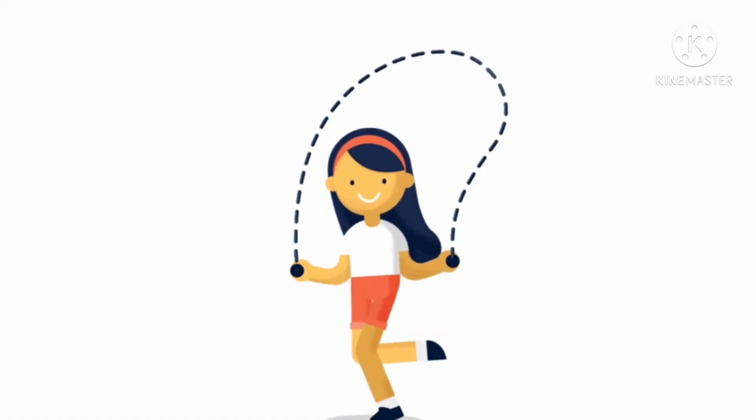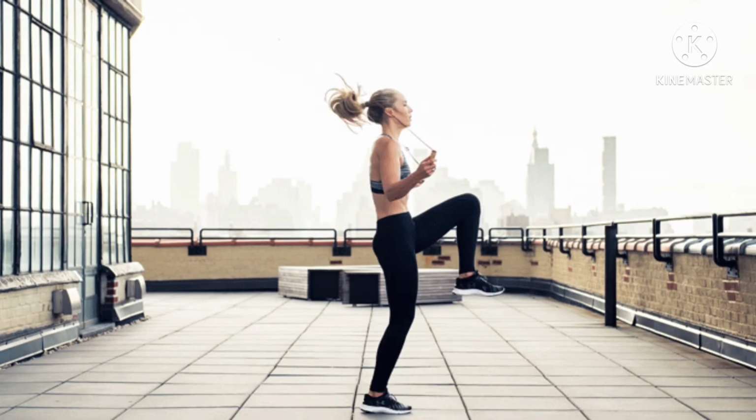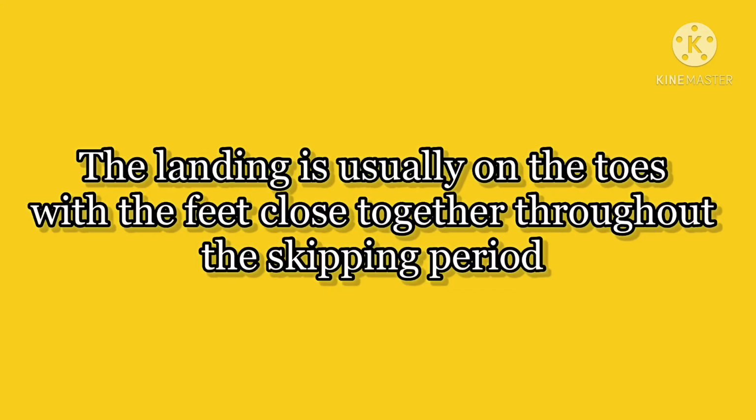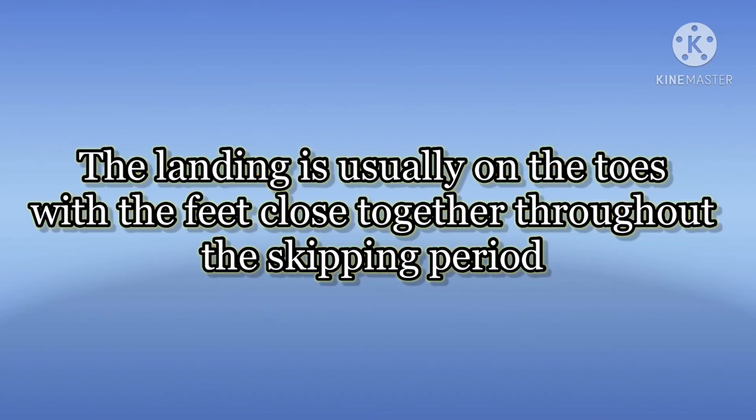When skipping, one foot is raised after the other, or both feet can be raised at the same time. The landing is usually on the toes. So when I am skipping, I usually land on my toes with the feet close together throughout the skipping period.